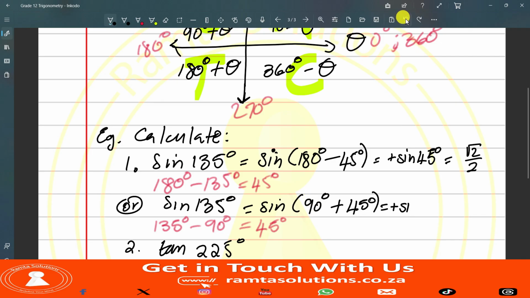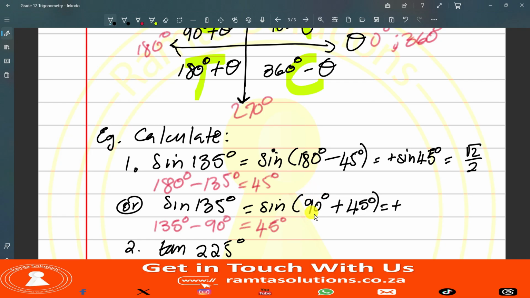But hold on. This is 90. So since it's 90, the sign has to change to become cosine. I repeat, how do you do this? Follow me. Sine in the 90 plus quadrant, is it positive or negative? Which quadrant is the 90 plus? It is the second. So sine is positive. But hold on. This is not 180 or anything.